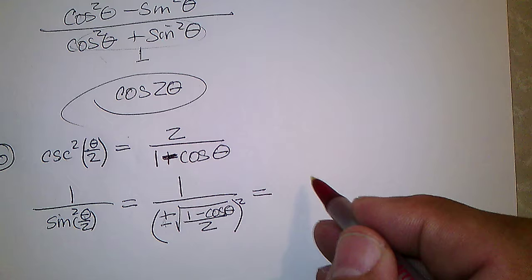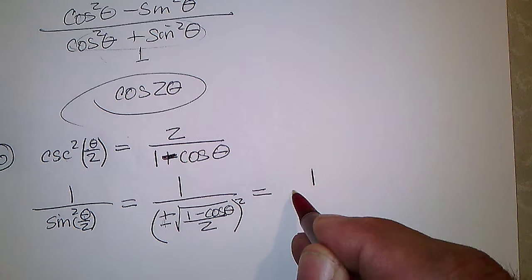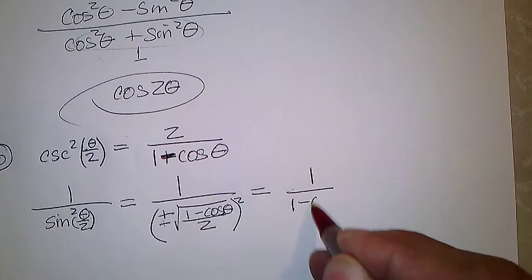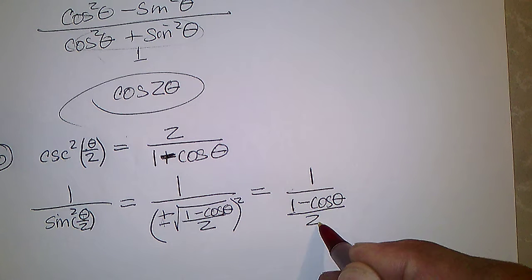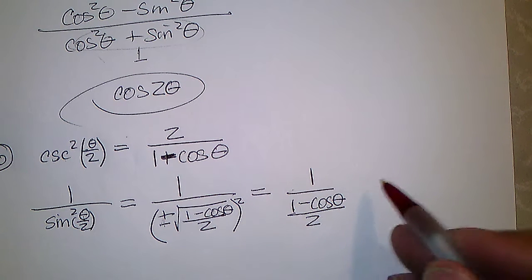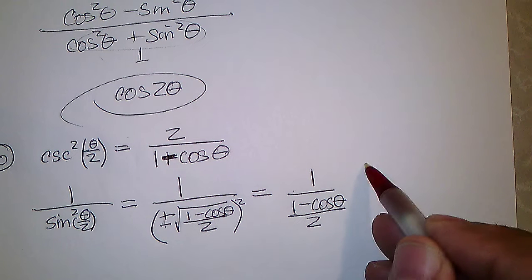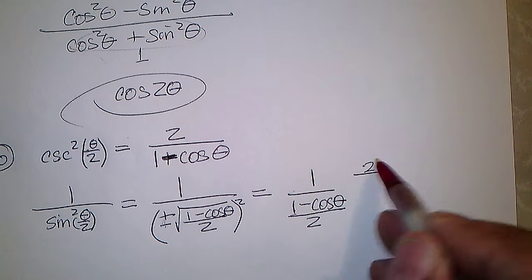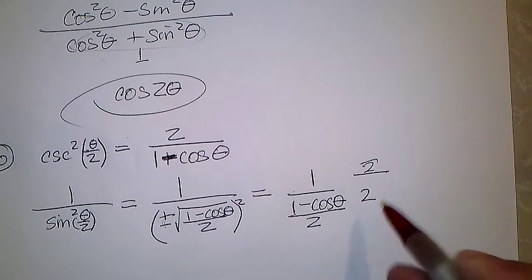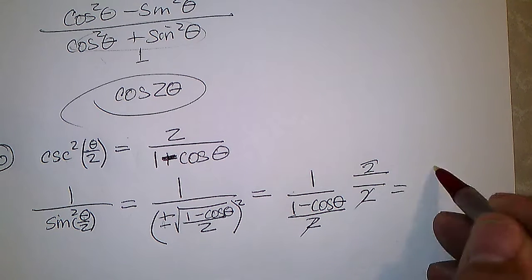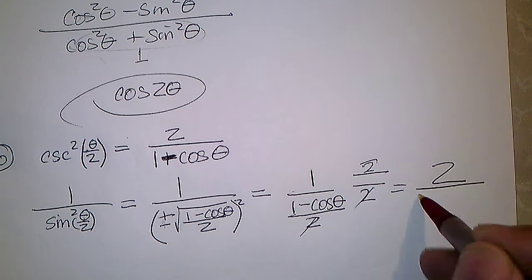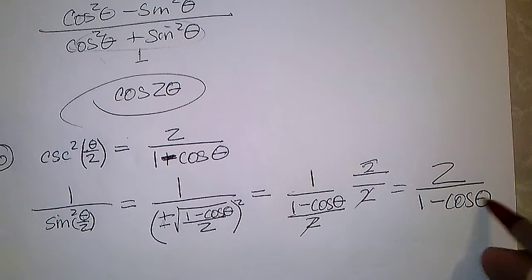The square root squared is gone, so we got 1 over 1 minus cosine theta over 2. So if I multiply the numerator and the denominator by 2, these two cancel, and I get 2 over 1 minus cosine theta.